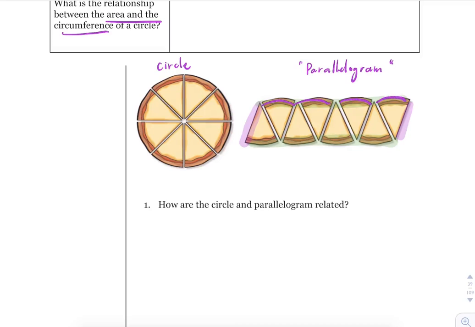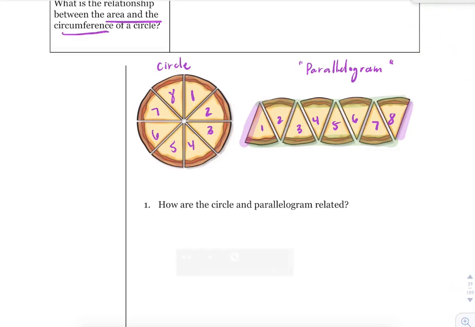What you'll notice is that this parallelogram is made up of 1, 2, 3, 4, 5, 6, 7, 8 slices of the pizza, and this pizza is made up of 1, 2, 3, 4, 5, 6, 7, 8 slices as well.